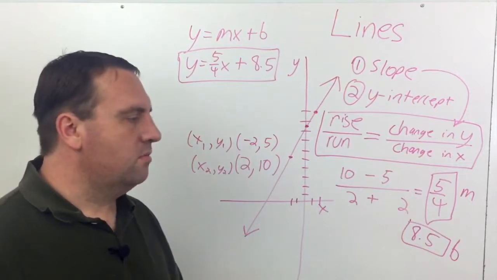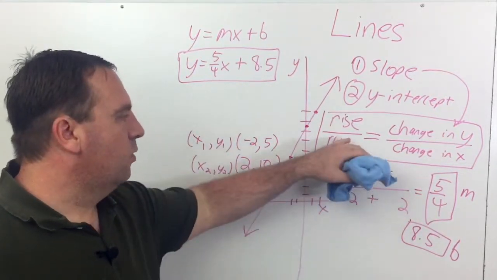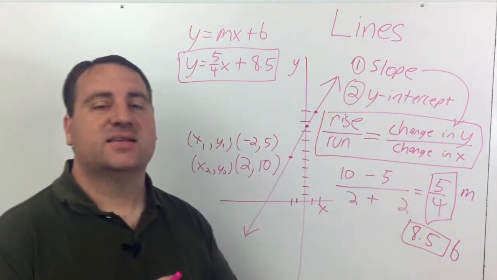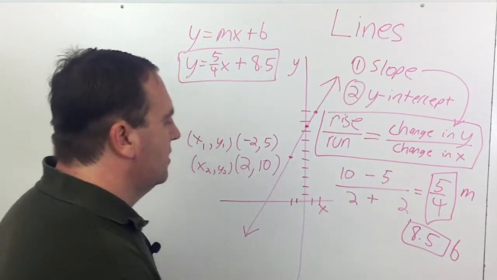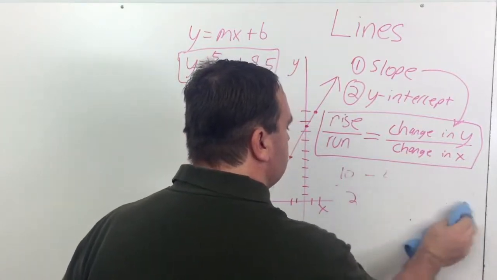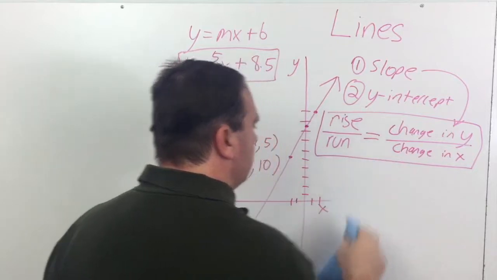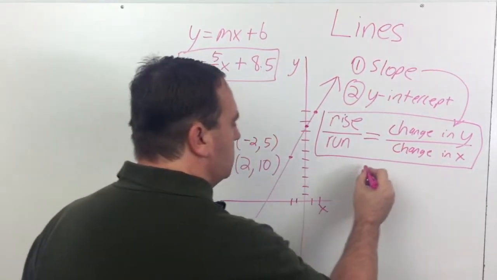So the important parts of this are the equation for the line, and then rise and run. It's the change in y over change in x. We will use that extensively in this course, so don't forget it. We find it by taking two y values and subtracting them, and dividing by two x values and subtracting them. And that will become very important as we go forth.